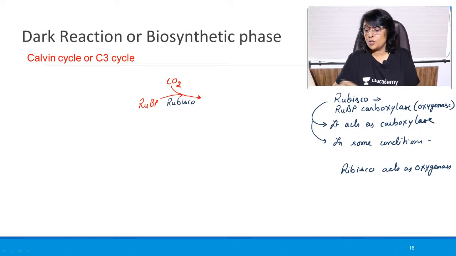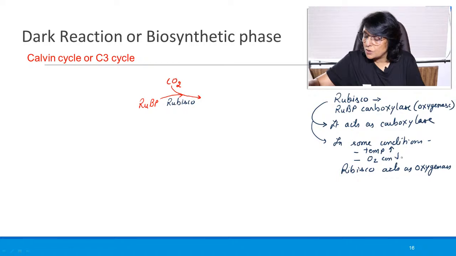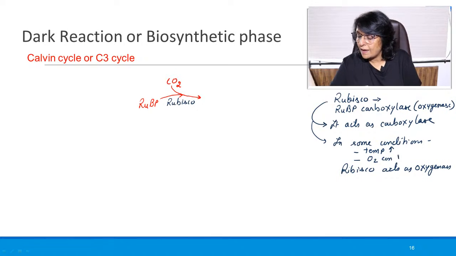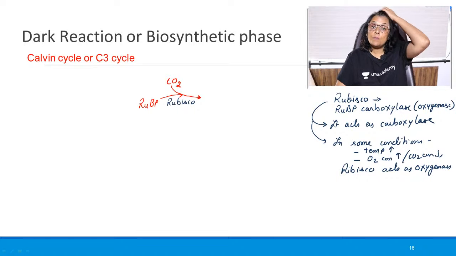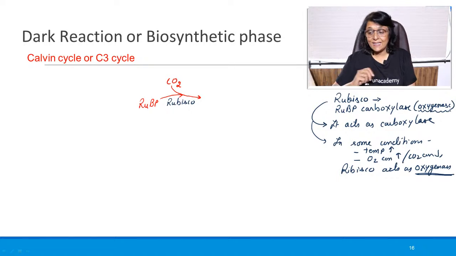What are those conditions? If temperature is high and if oxygen concentration is high and carbon dioxide concentration is low. In these conditions, Rubisco is going to act as oxygenase, and that is why this word oxygenase we have written in bracket, and the main function, that is carboxylation, is written separately.